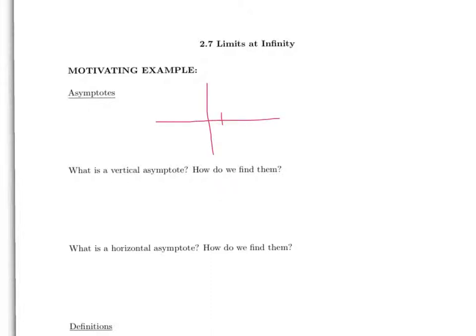A function can have two kinds of what are known as asymptotes. It can have vertical asymptotes, so maybe something that looks like this, where there's an invisible line at x equals 1, where the function is getting really close to that line but not touching it. That's a vertical asymptote.